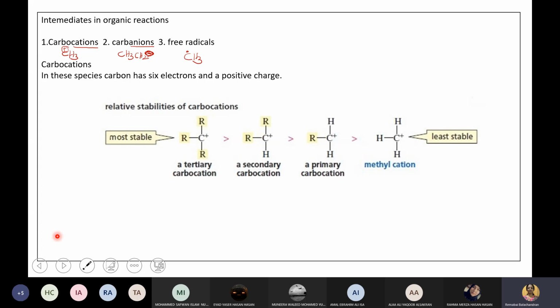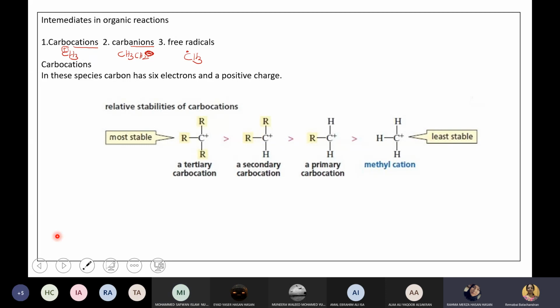For the other two, one with negative charge or one with positive charge, if there is delocalization of the charge, it will be highly stable. Whereas if charge is intensified, it will be highly unstable. Did you understand something?